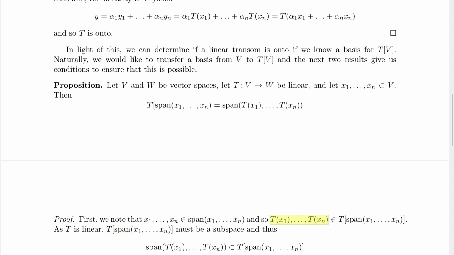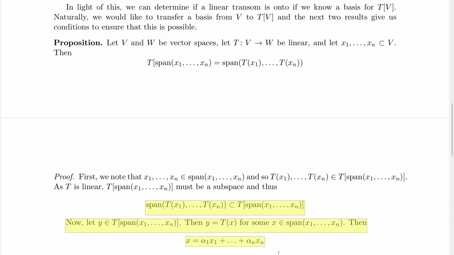But because these things live in there, and we know the span of these is the smallest subspace that contains them, we automatically get this inclusion. We get that the span of these elements is contained in the image of the span, using that characterization of span as the smallest subspace containing the elements.